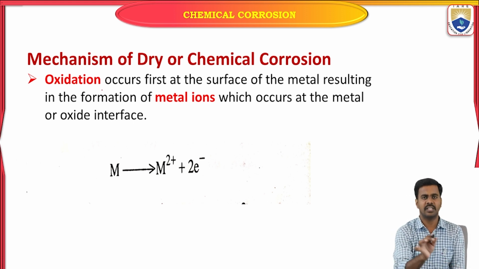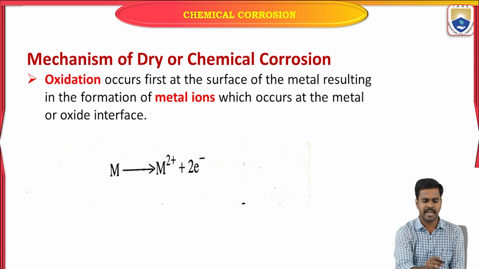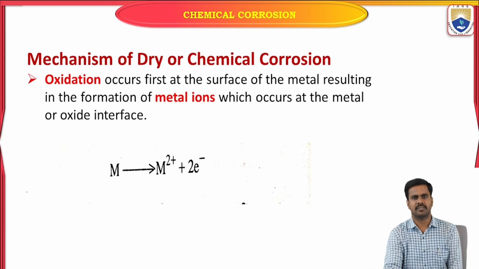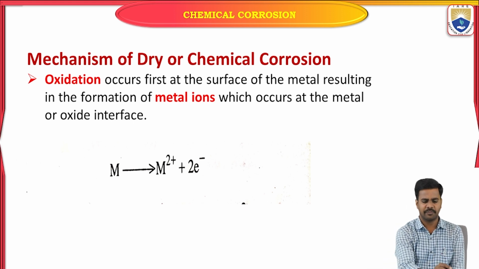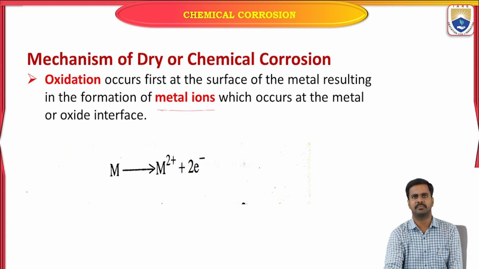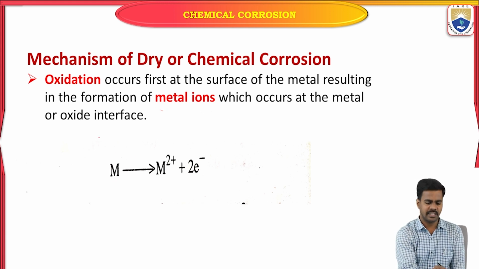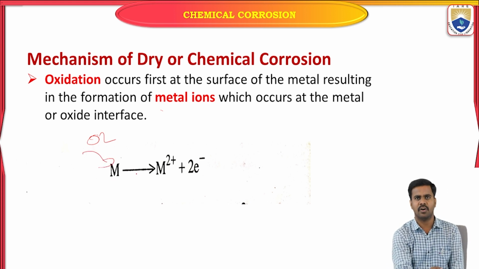Initially, oxidation occurs first on the surface of the metal. The metal reacts with oxygen present in the environment and forms an oxide layer. In the first step, the formation of metal ions occurs at the metal-oxide interface. Due to the attack of oxygen on the surface, the metal undergoes oxidation.